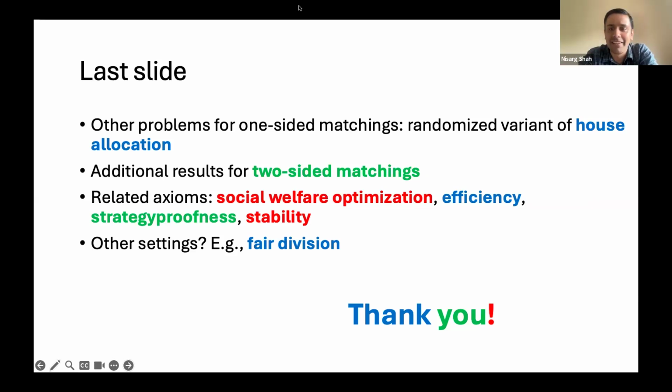Right. If nobody answers the question, I have a follow-up question regarding your slide. So for fair division, were you thinking of extensions to bundles or distribution over allocations?